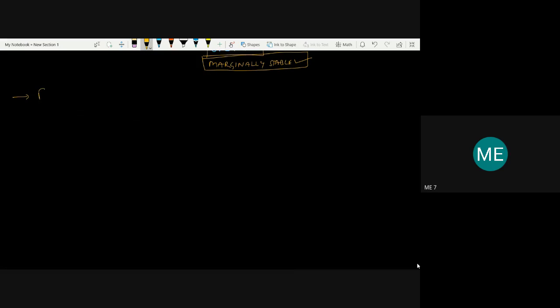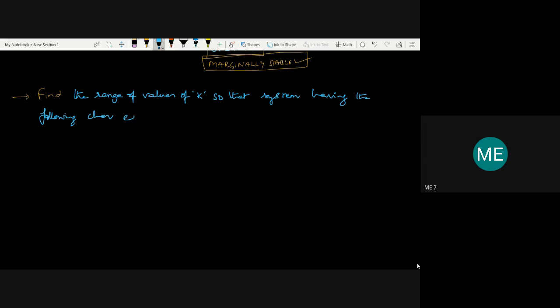Find the range of values of k so that the system having the following characteristic equation will be stable.